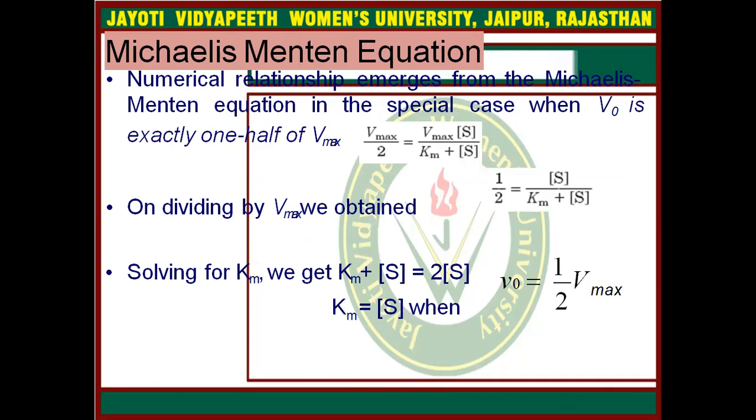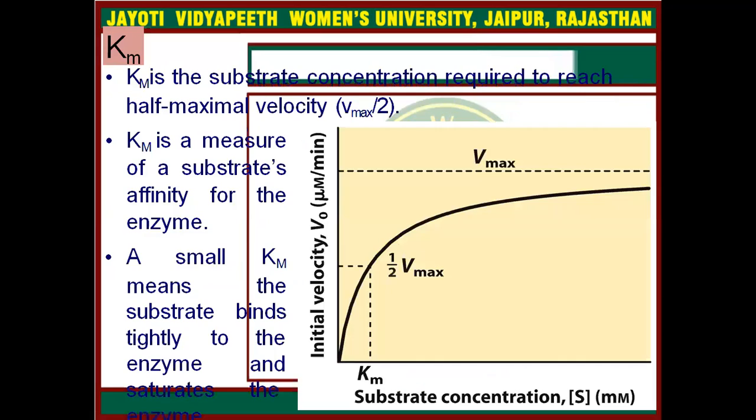On dividing by Vmax, we obtain 1/2 = [S]/(Km + [S]). Solving for Km, we get Km + [S] = 2[S], and Km = [S]. So when V0 is equal to 1/2 Vmax, Km equals [S].